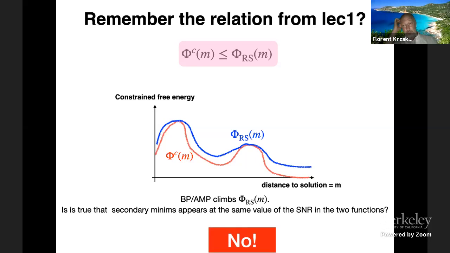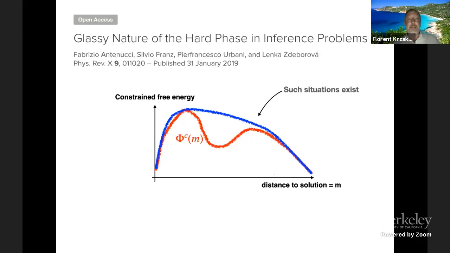Well, it turns out that this is not true. I believed this, and it's just plain wrong. So this explanation is wrong. In fact, that was shown in a very nice work last year by Lenka with Fabrizio Antenucci, Silvio Franz, and Pierfrancesco Urbani. Such a situation exists where the replica symmetric free energy is nice, has only one maximum here, while the true free energy, constrained to a distance m, has this local maximum.